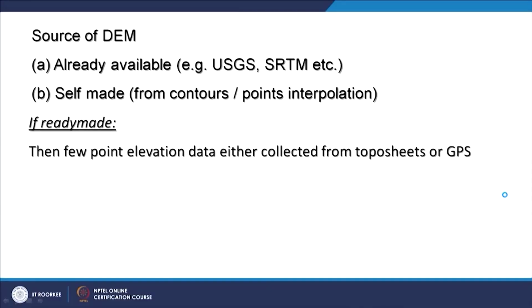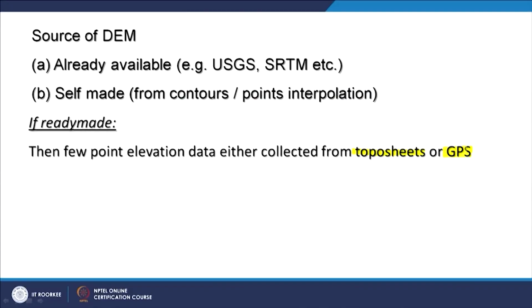If we are employing a ready-made DEM, then the best technique we have developed in a few years' time is to get some elevation points, reference points, or test points from some other, independent source. What I mean is maybe spot heights from Survey of India toposheets, or differential GNSS or GPS.